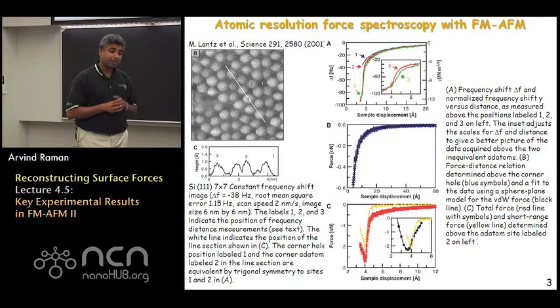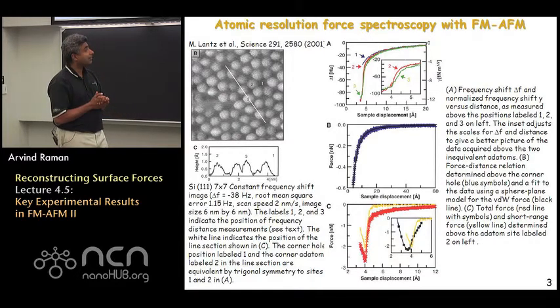So based on this, they were able to quantify that the adhesion force required to pull apart a silicon atom on the tip, and the silicon atom being studied, was quantified as being about 2.5 nanonewtons, which was an amazing study to be able to come up with that estimate.